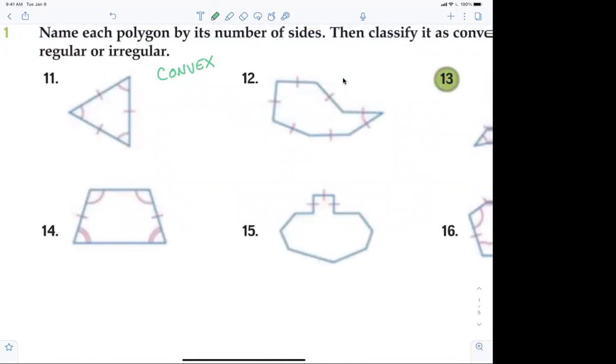And something is regular if all sides are congruent and all angles are congruent. So this is called a convex. It is considered regular, and it is considered a triangle.